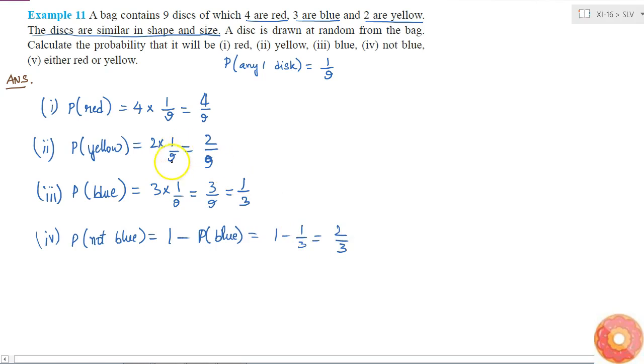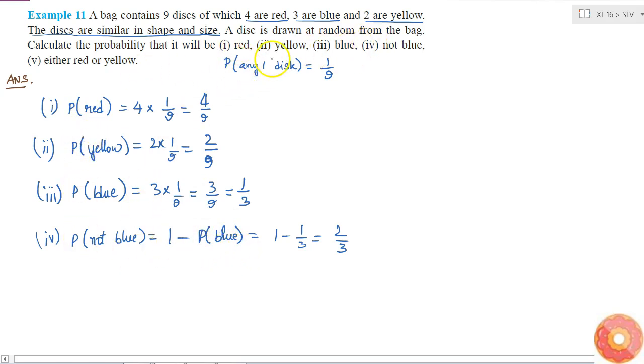You can also calculate it by summing the probabilities of red and yellow discs, which will again come out as 2 by 3. But this is easier to calculate because here I have to consider only one case, which is the probability of blue. But there I have to find the probability of red and yellow both. So this is an easy method.